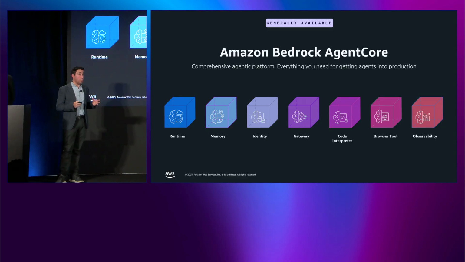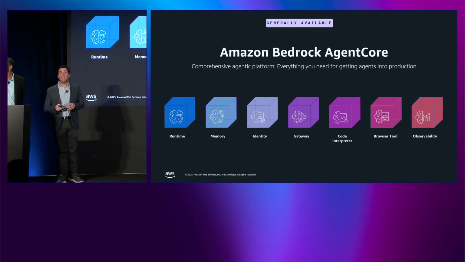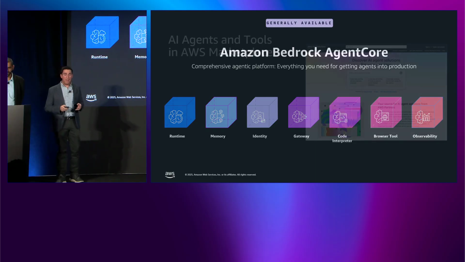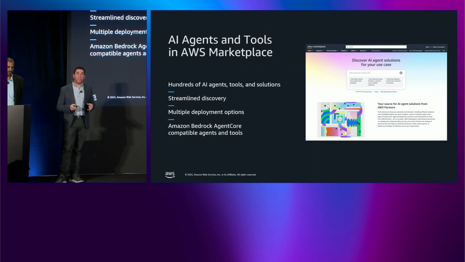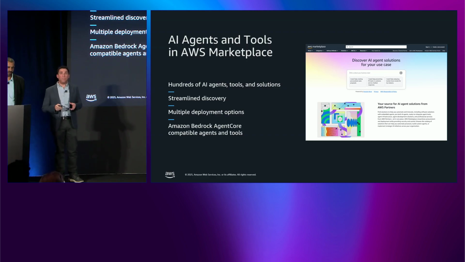But ultimately, what you can do with Agent Core is not just build your own workflows, but you can incorporate partner solutions as well. And that's why we introduced AI agents and tools in AWS Marketplace as a category, along with the Amazon Bedrock Agent Core launch in July.